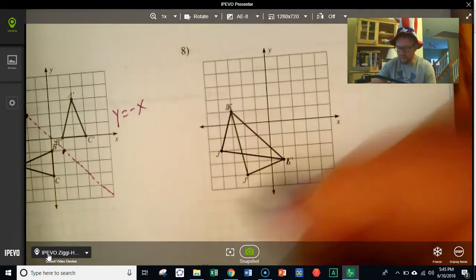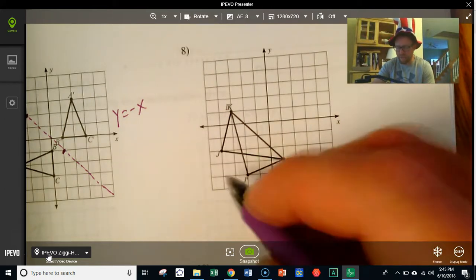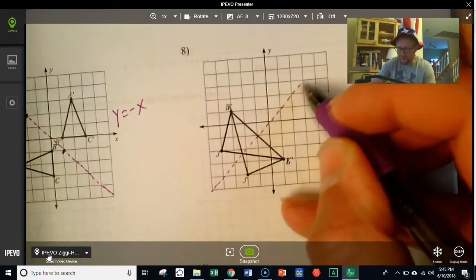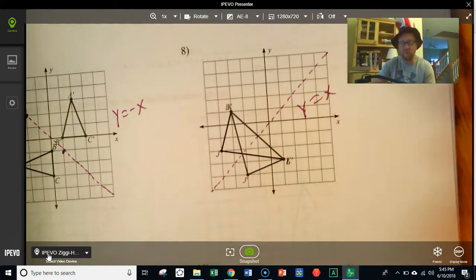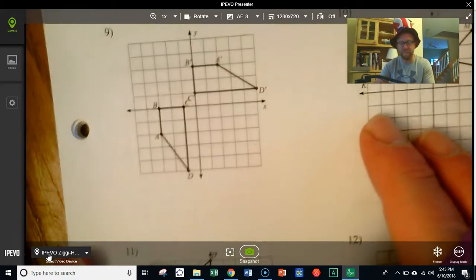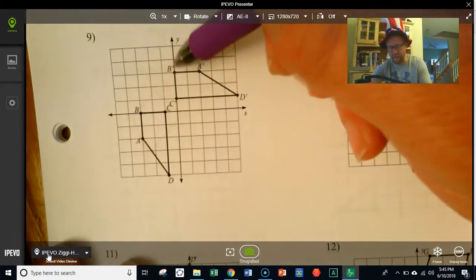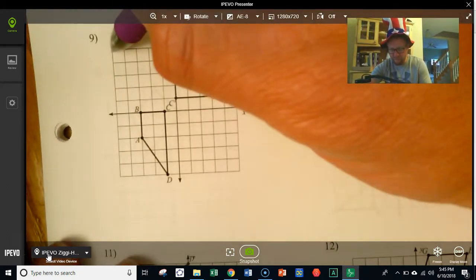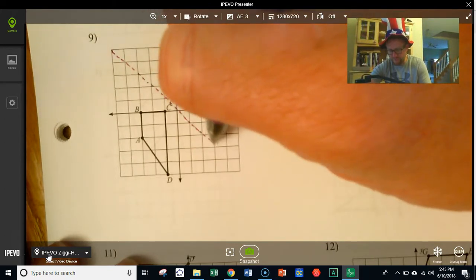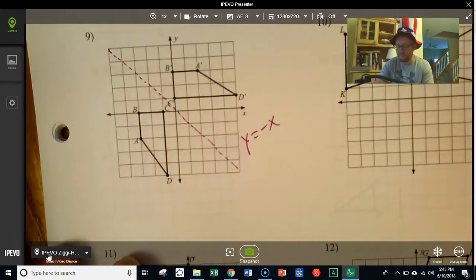Here, all right, if you look, I've got k, k prime, j, j prime. They're clustered around this diagonal line right here, which is y equals x. Here we have, again, C, C prime, B, all clustered around this diagonal line, which is y equals negative x.